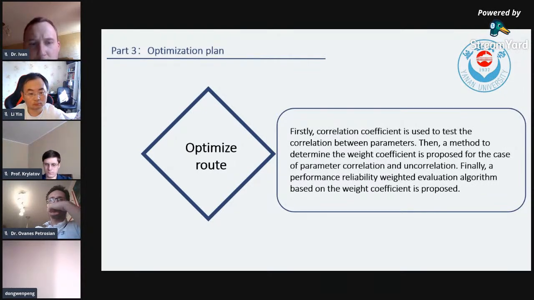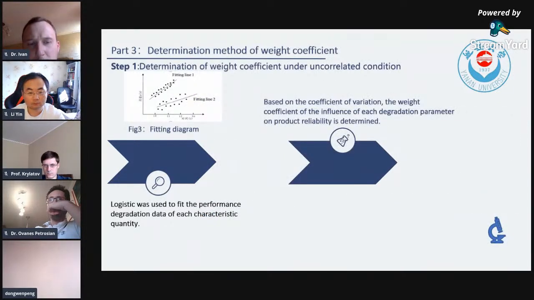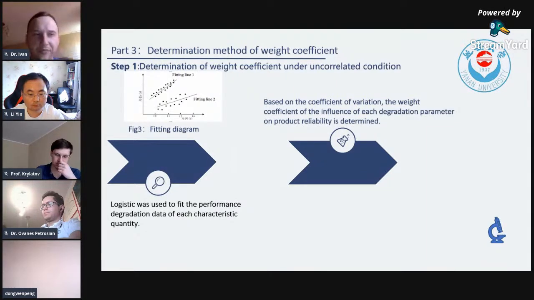The determination of weight coefficients under the condition of preference on contribution. The diagnostic process observes the linear model, and the product degradation data of each parameter is fed into the linear fit. The linear fit of each degradation parameter can immediately reflect the contribution of the degradation parameter to the reliability of the product.